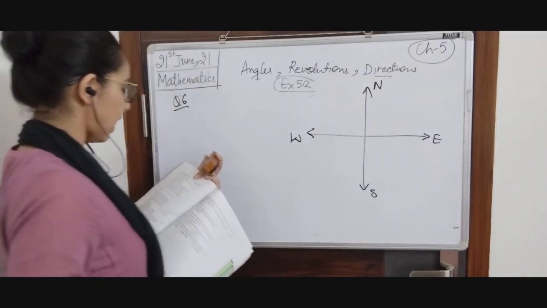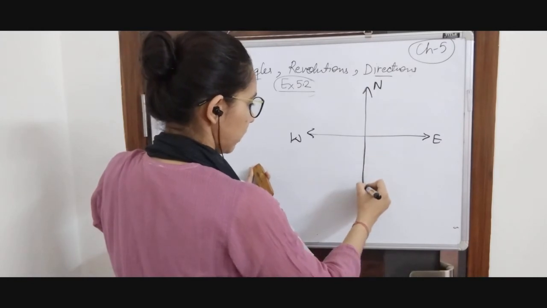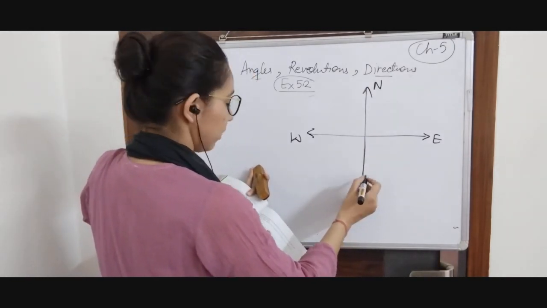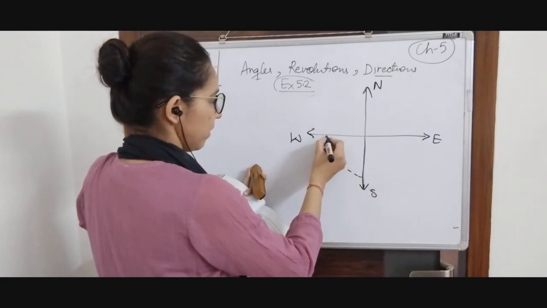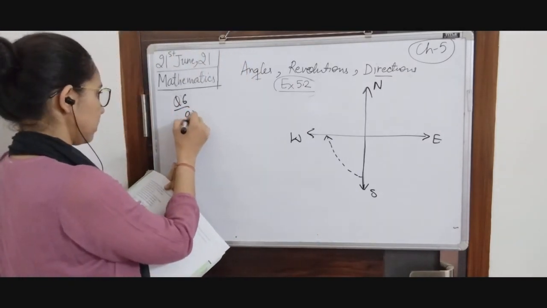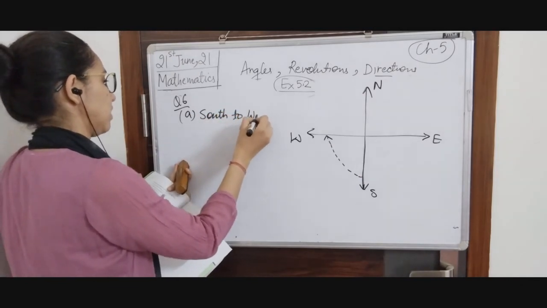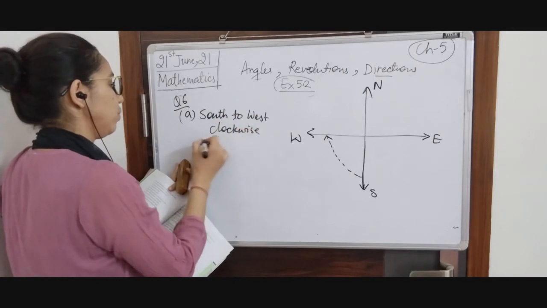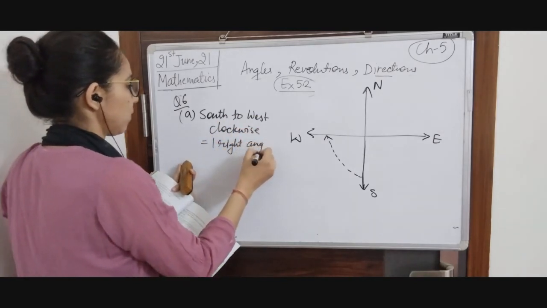So we are starting from south, and then we are turning clockwise to west. South to west clockwise will be equal to 1 right angle.